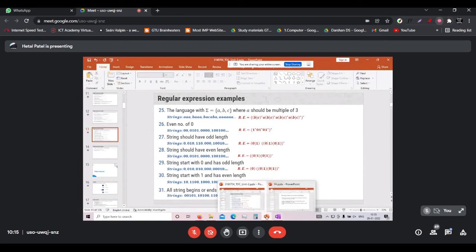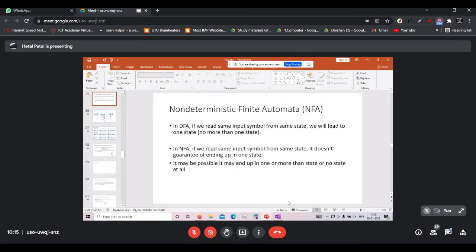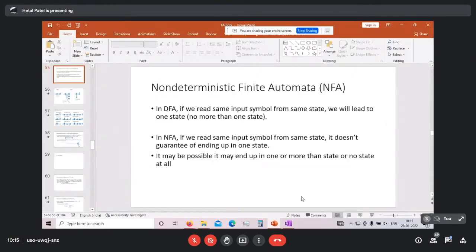Your new topic is conversion from NFA to DFA. Already you are familiar with the finite automata and the non-deterministic finite automata. The difference: the finite automata is deterministic, meaning you can determine the next move.